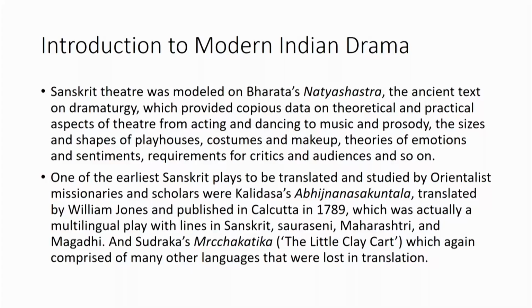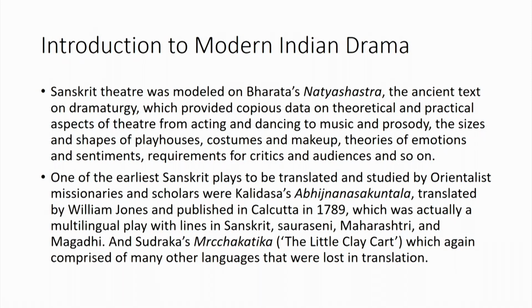It was Kalidasa's Abhijnana Shakuntalam, translated by William Jones and published in Calcutta in 1789, along with, of course, Shudraka's Mrichchhakatika, which formed the models of Sanskrit aesthetics, which then came to be emulated or imitated by many other playwrights, both before and after independence.